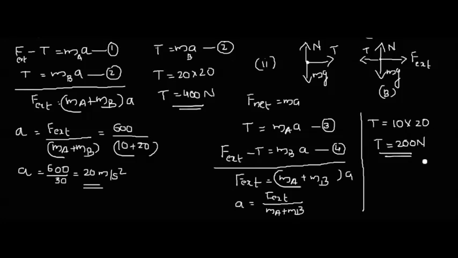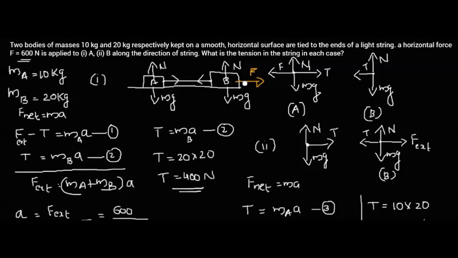But when we applied the external force on block B, the tension became 200 Newton. So depending upon which block we are applying the external force on, the tension developed in the string will change, but the acceleration of the system will remain the same in both situations.